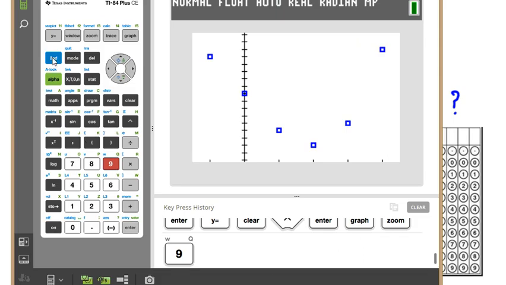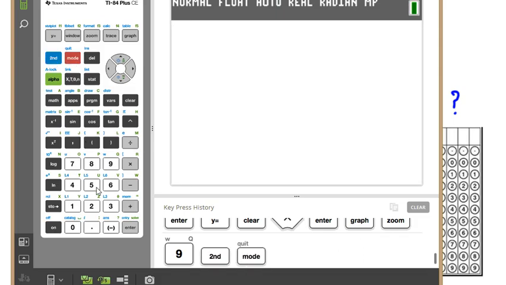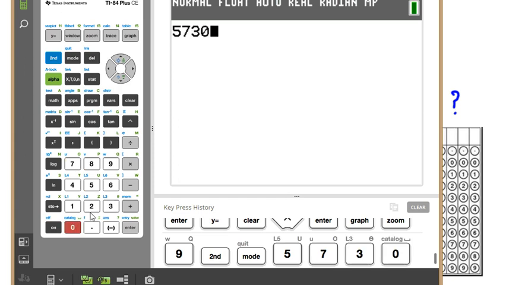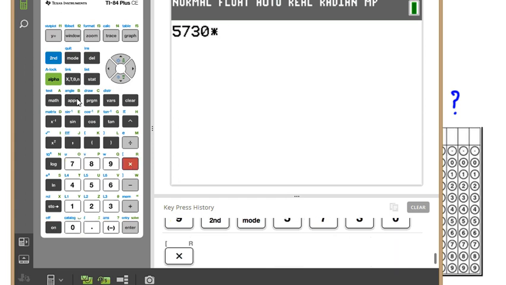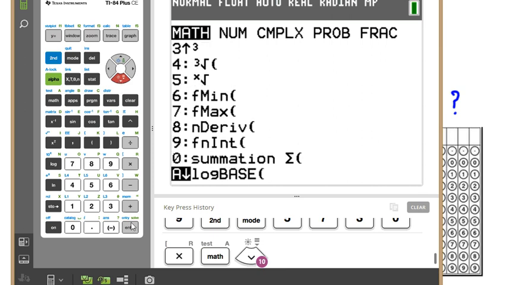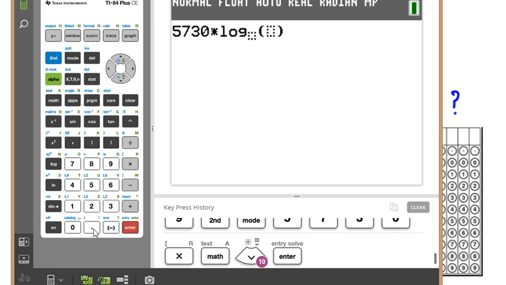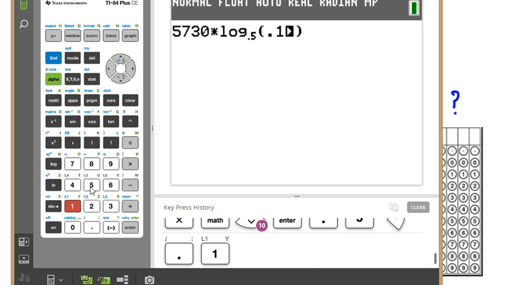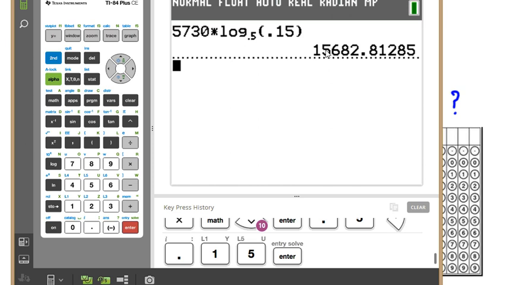So clear out here, 5730 times, and what I'm going to do is go to math, and I think we can go down to log base. There it is, log base 0.5 of 0.15. Or we could use a change of base formula on that. And so we're going to get in years 15,683 years.